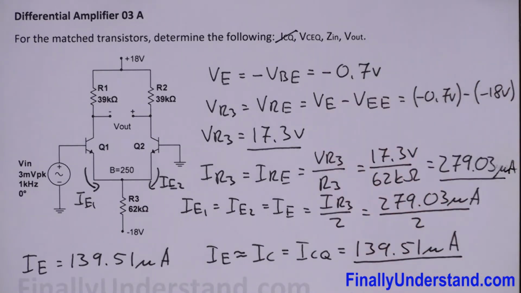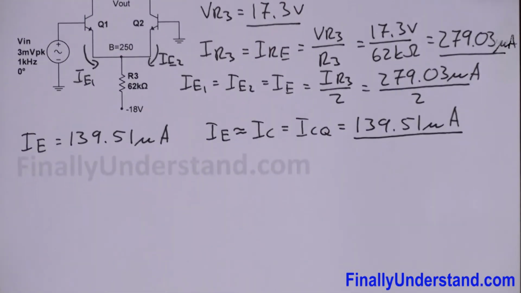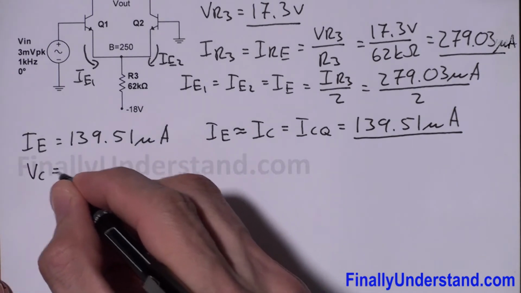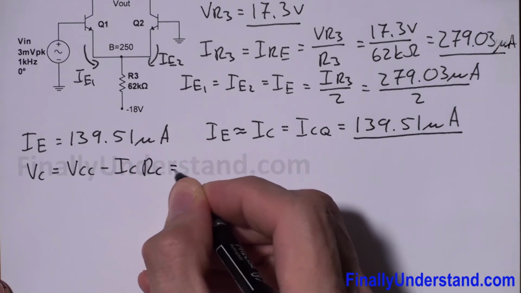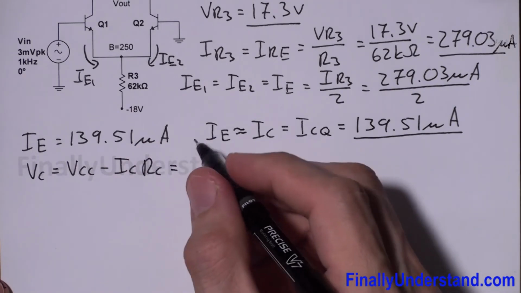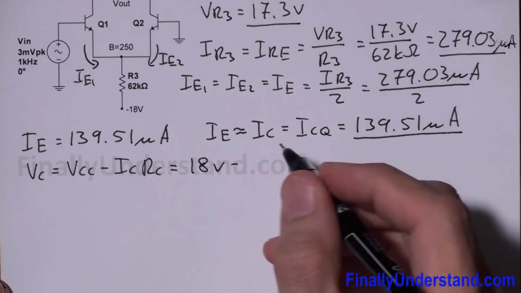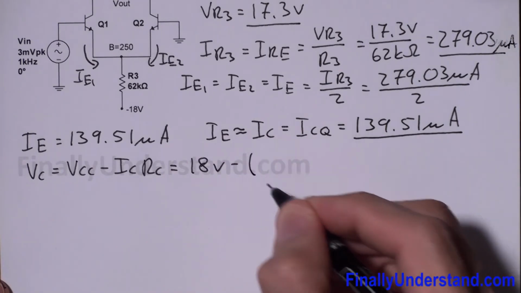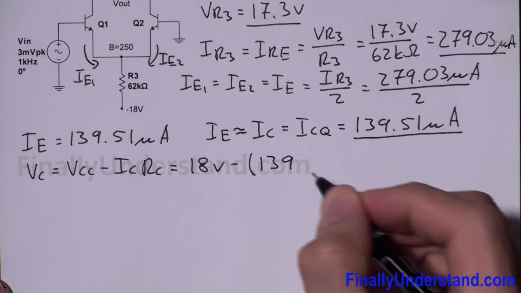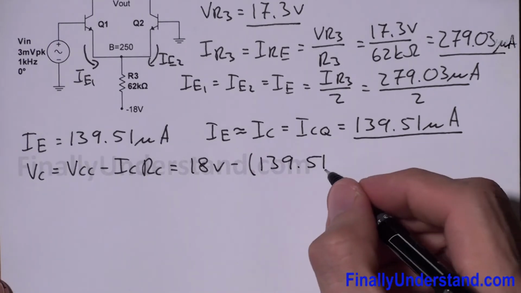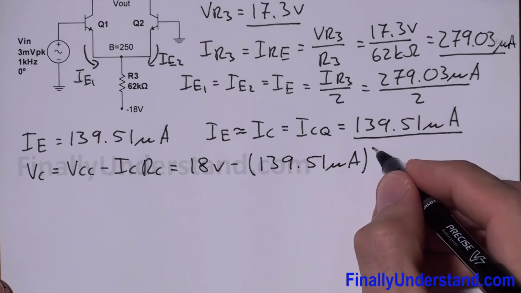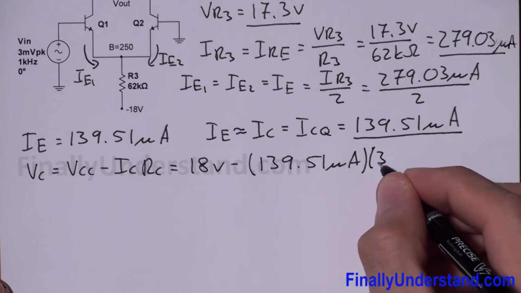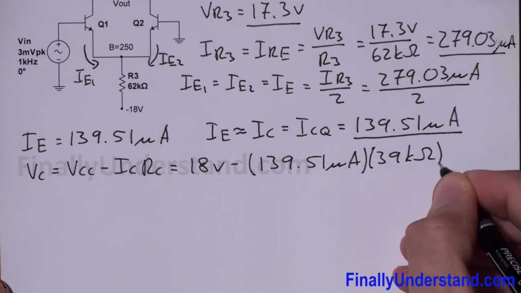Okay, we found ICQ. In order to find VCEQ, I'm supposed to find VC first. VC is equal to VCC minus IC times RC, where VCC in our case is equal to 18 volts minus IC, 139.51 microamps, times 39 kiloohms.